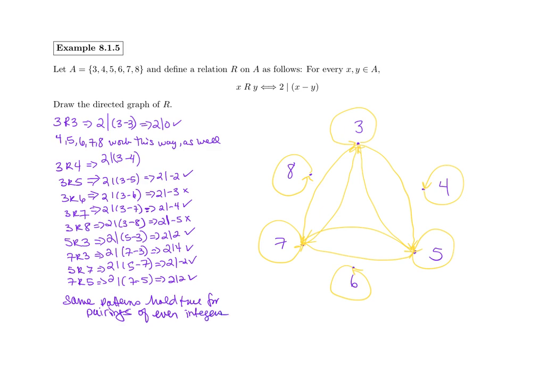So if we add those in, 8 minus 4 is 4, which is a multiple of 2. 4 minus 8, negative 4, a multiple of 2. 8 minus 6, 2, definitely a multiple of 2. 6 minus 8, negative 2, a multiple of 2. 6 minus 4, 2, it's a multiple of 2. 4 minus 6 is negative 2, which is also a multiple of 2.